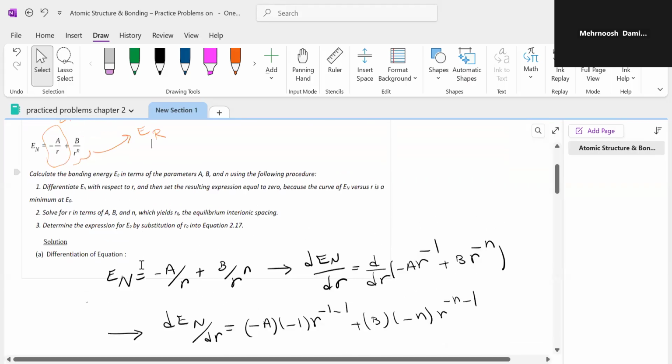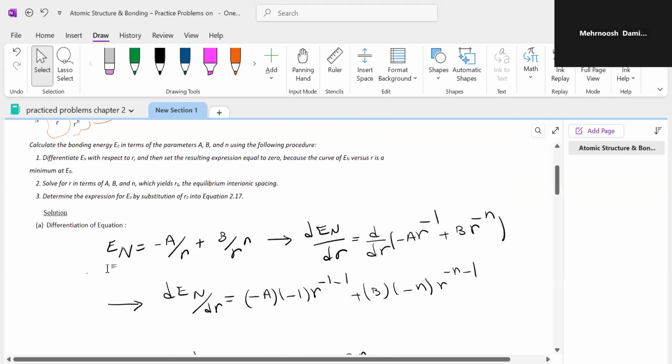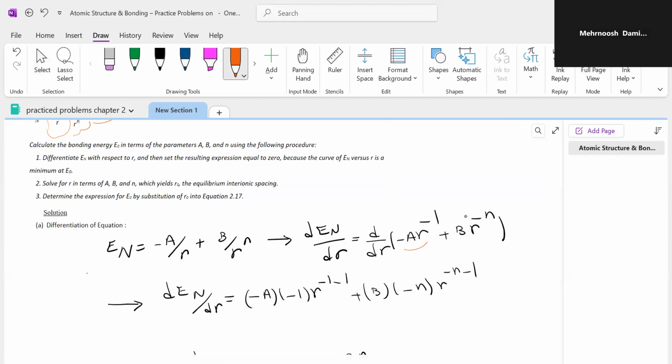Okay. So to reach the minimum, you know that in every mathematical equation, the derivative should be zero. So again, I wrote the equation En equals minus A per R plus B per R to the N. So the derivative of En with respect to R is d per dR of minus A R to minus 1 plus B R to minus N. Okay, what is the derivative of this?